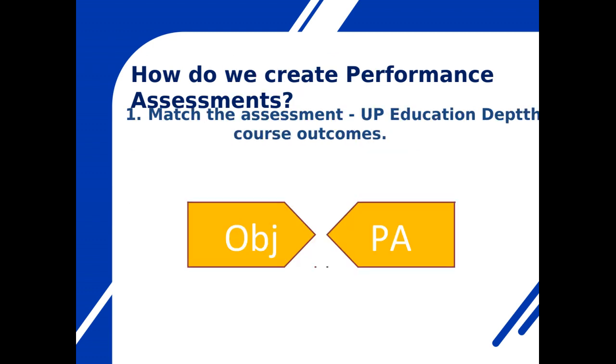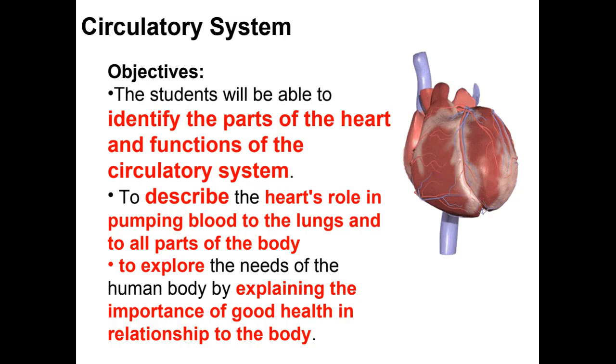So again, how do you create performance assessment? You have to match assessment and the outcomes, the objective and your performance assessment. That's the first step. So just like this one, my objective could have been: the students will be able to identify the parts. You notice, identify the parts. My students describe the heart's role.